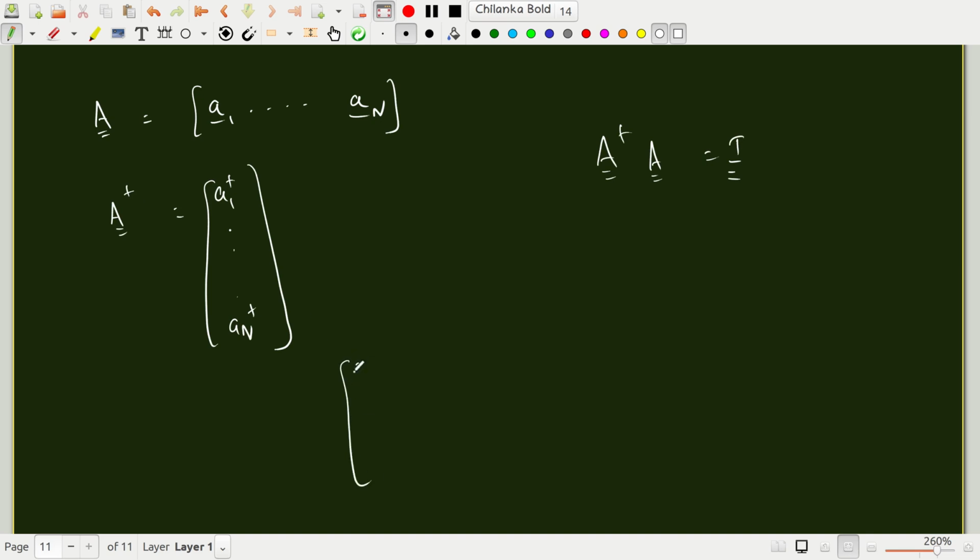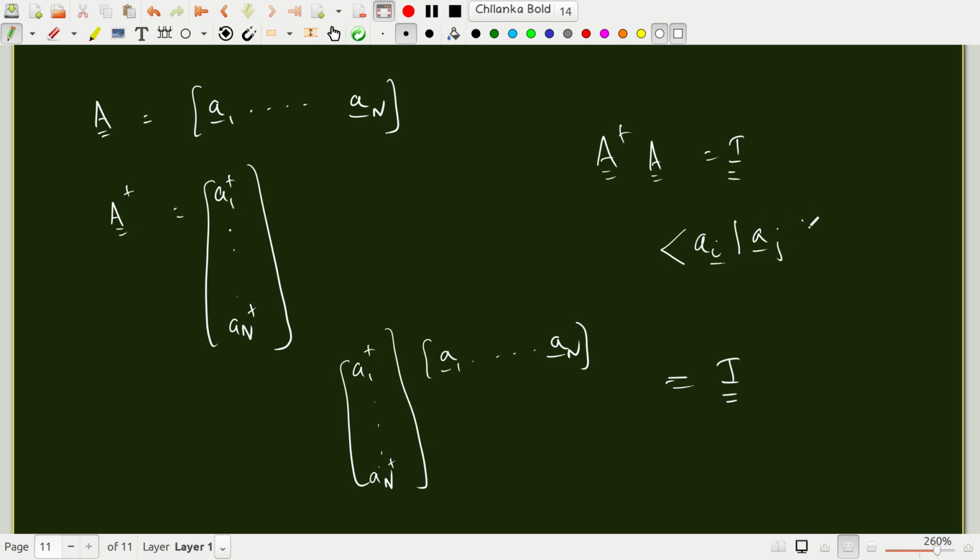It is nothing but A1 dagger multiplied by A1, and so on. Since this is identity, you can show that Ai dagger Aj is delta ij. That is, the column vectors of a unitary matrix form an orthonormal set.